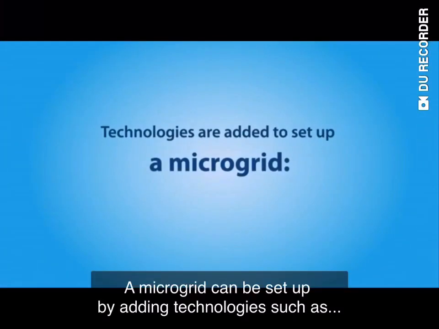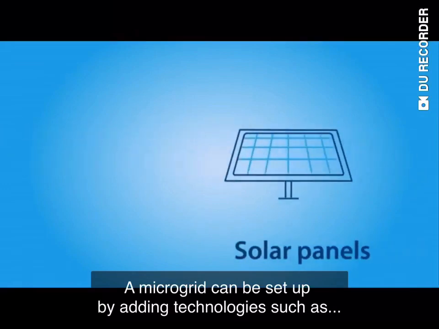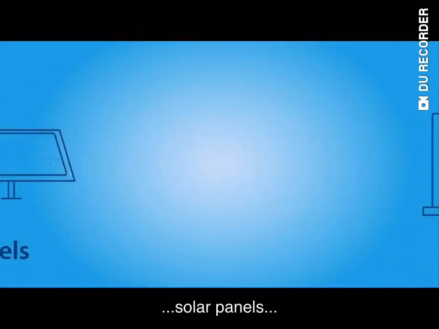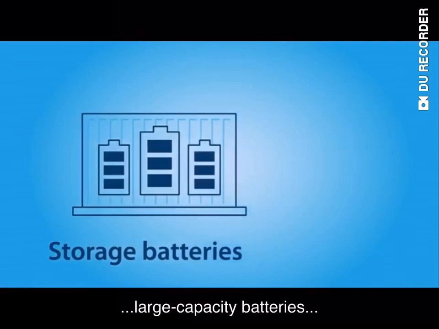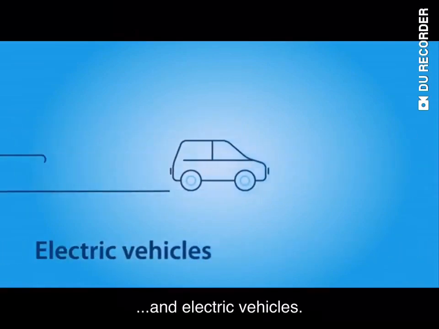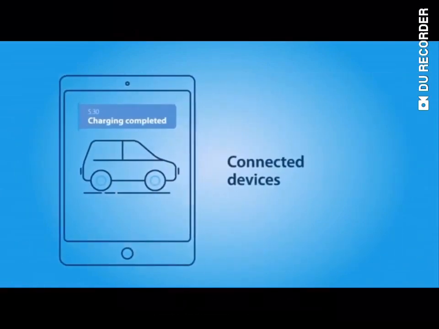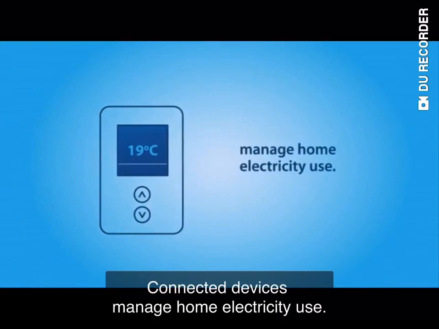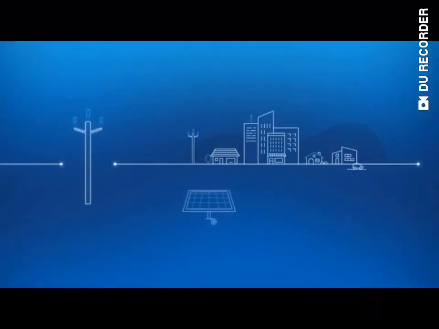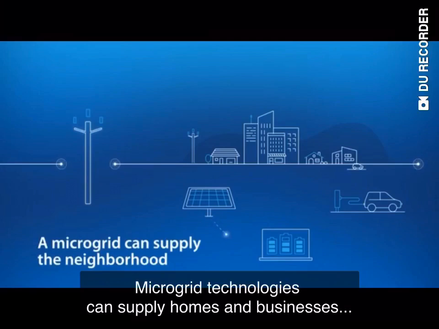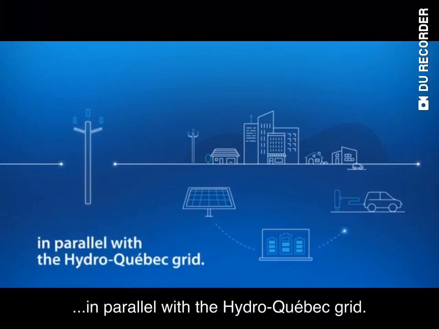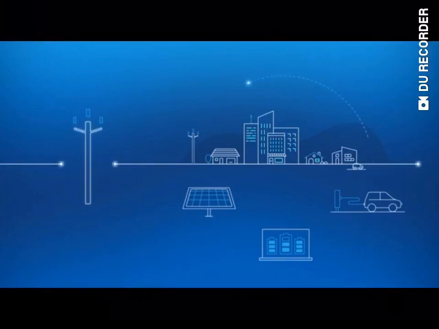A microgrid can be set up by adding technologies such as solar panels, large capacity batteries, and electric vehicles. Connected devices manage home electricity use. Microgrid technologies can supply homes and businesses in parallel with the Hydro-Quebec grid.